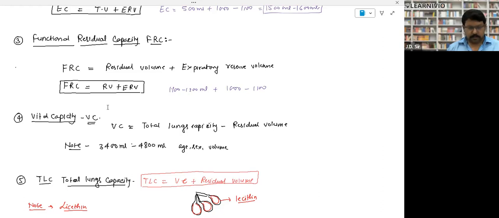Yes, sir. Now come to the vital capacity. This is basically the functional capacity of lungs. So this is total lung capacity. The total volume of lung is 3400 to 4800 ml, right? Why this 3400 to 4800? Basically, this is smaller in females and larger in males, right? And it depends on the age, sex, and volume, right? Vital capacity is the total volume of lungs minus residual volume, which cannot be taken out, right?